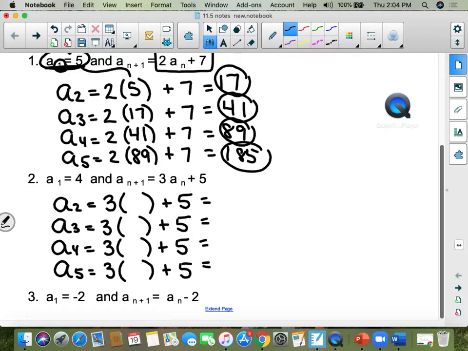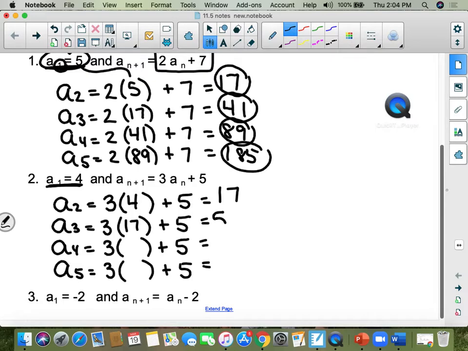Okay, so I already know my first term is 4. I start the process. I need to find my second term. What goes inside my parenthesis? A 4. 3 times 4 is 12, and 12 plus 5 is 17. What goes inside my next set of parentheses? 17, the answer of the one before it.